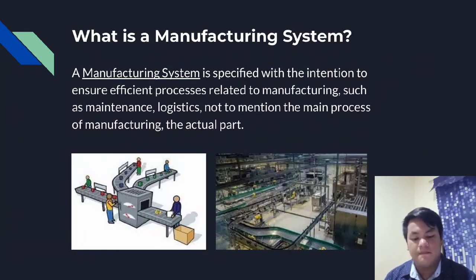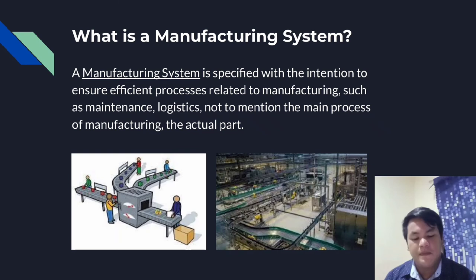Manufacturing system. The manufacturing system should be designed to create value in the core business processes such as product development, marketing, sales, and services. In designing and developing a manufacturing system, many aspects need to be considered.